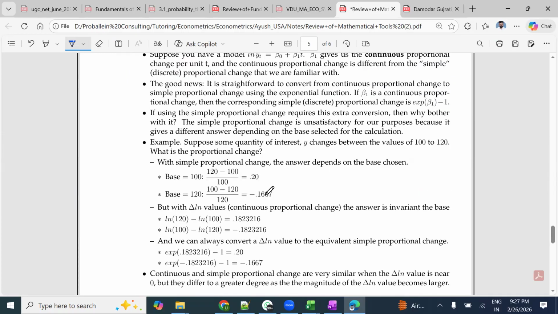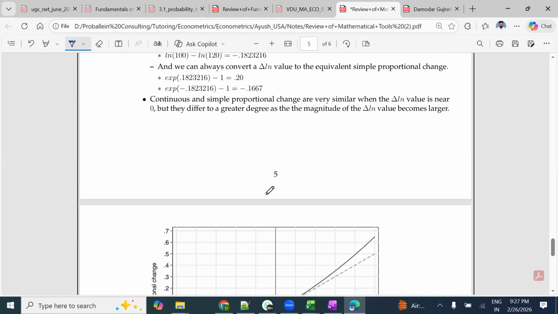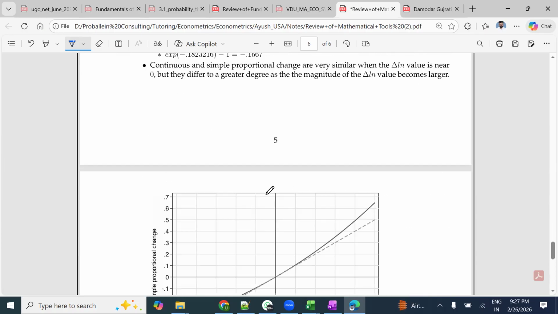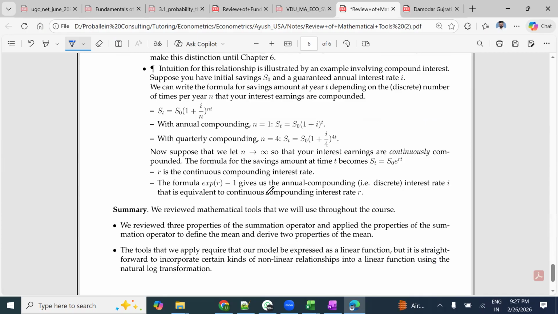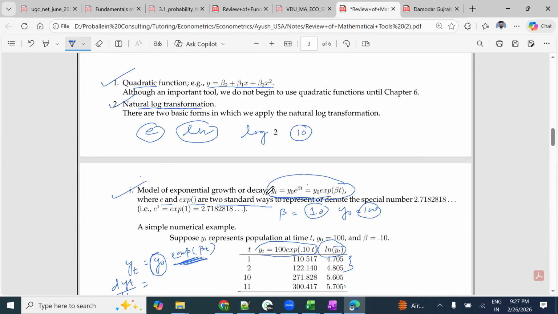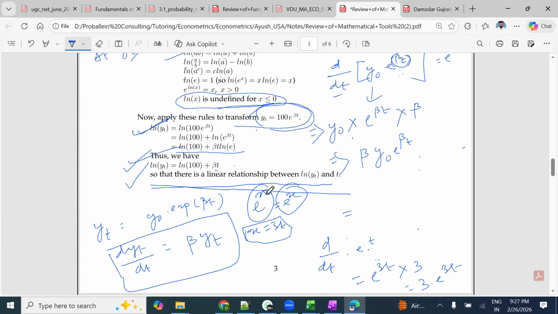Then we will be going to the third part, the interpretation of proportional change using natural log. So there are 3 parts, Bhakti ma'am, to this question. Then this whole PDF will be clear.